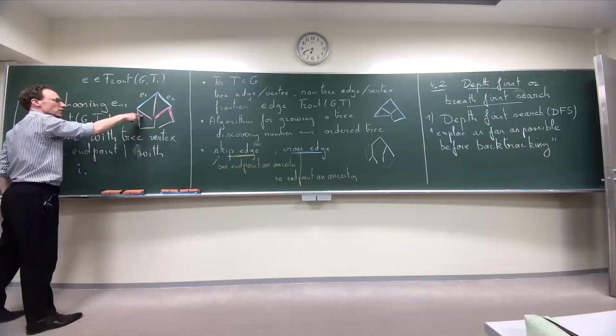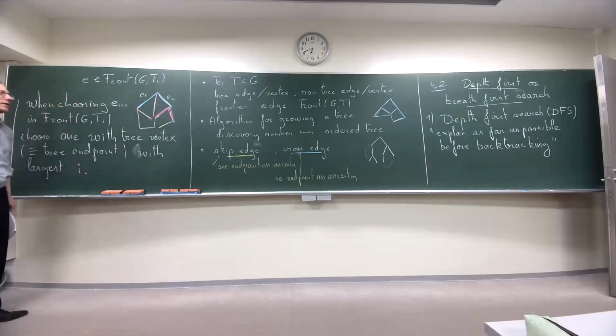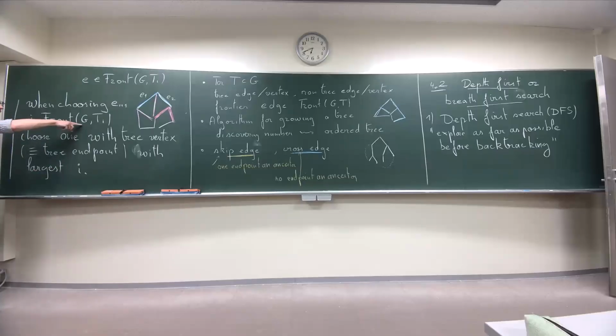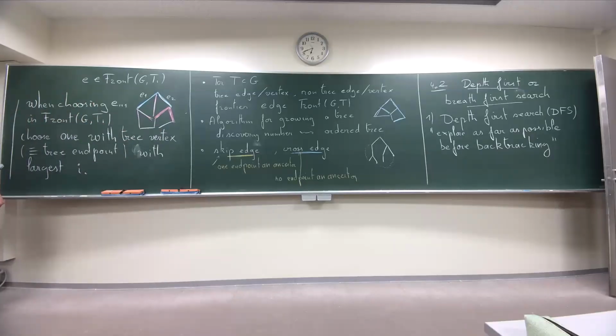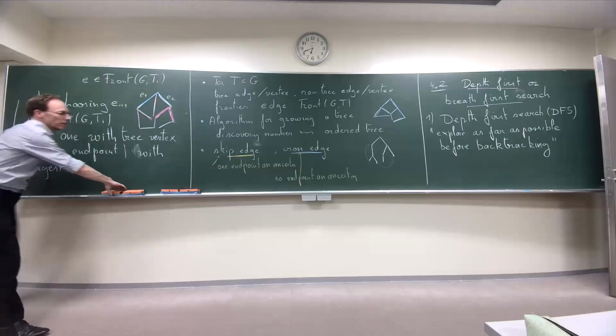I should not choose these 2 or this one. Right? So we will see why this is an interesting solution. Whenever we have to choose one in this tree, we choose a new edge with one endpoint with the largest i. Still, it doesn't mean it's unique, but it eliminates some other solutions.